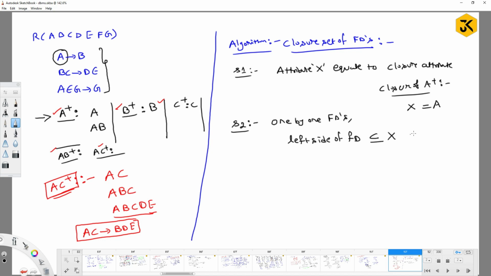If it is a subset of X, what am I going to do? I am going to make the right side part union to the X. Unless the right side is already a subset of X. If the right side already exists, why again add? No need, right?